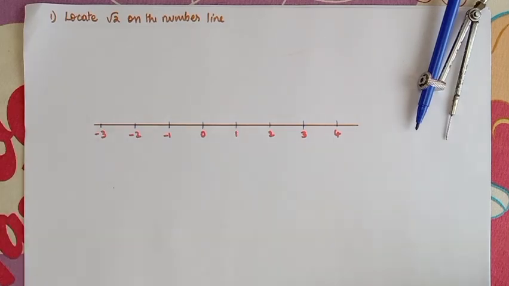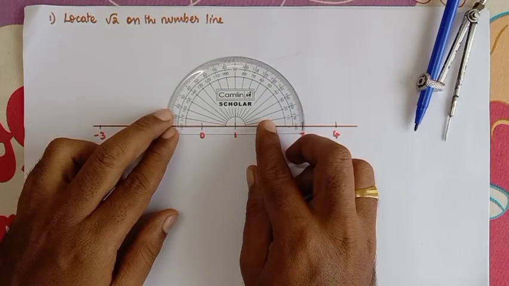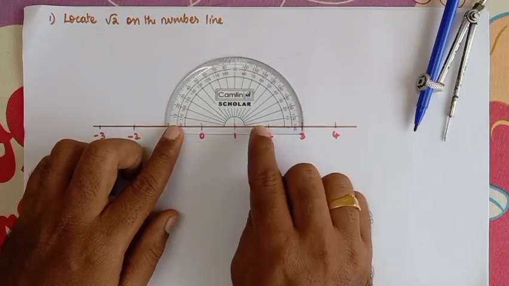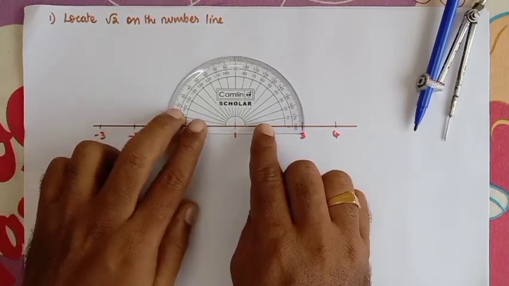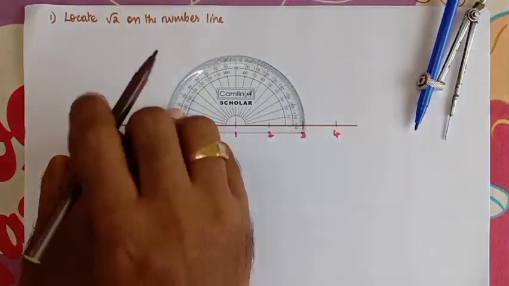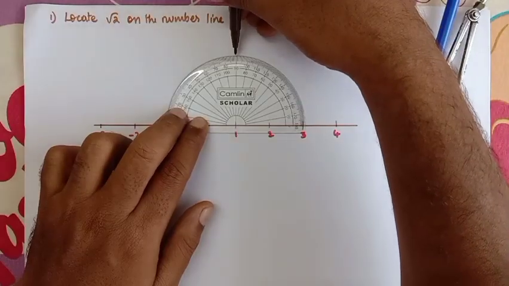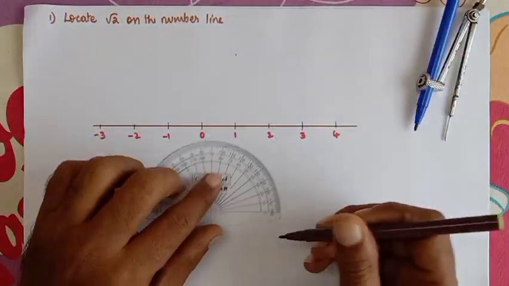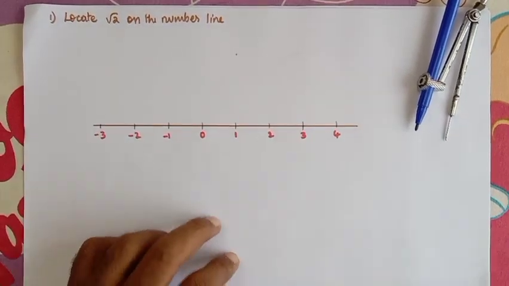And then I will take my protractor and go to the point 1. From here to here the distance is 1. From 1 I will mark a point at 90 degrees. You can see here at 90 degrees. And then afterwards I will join these 2 points.